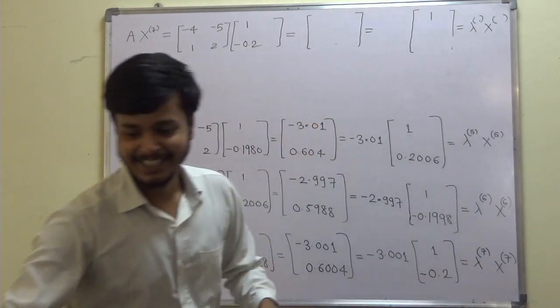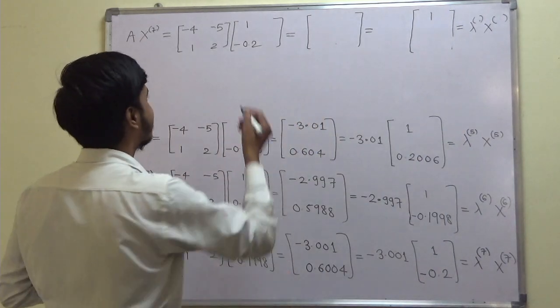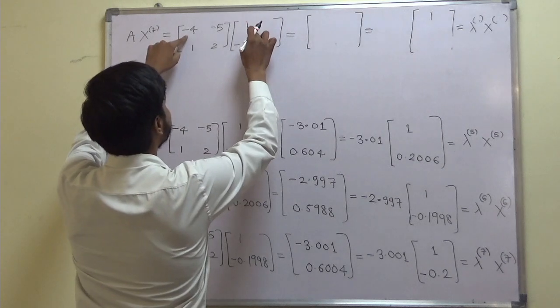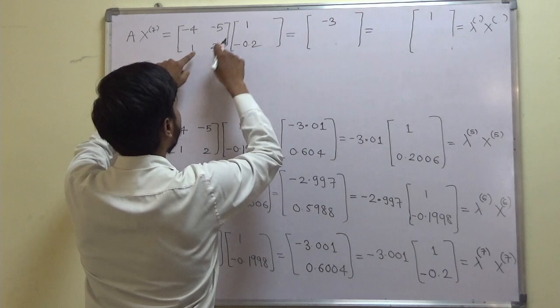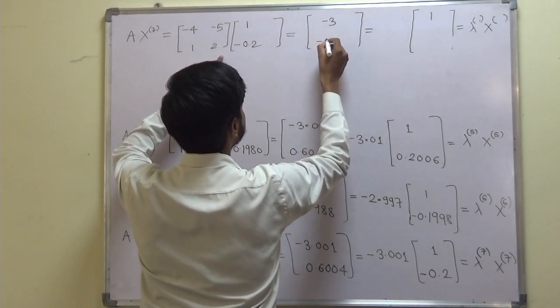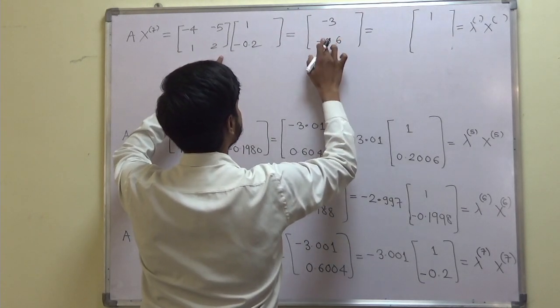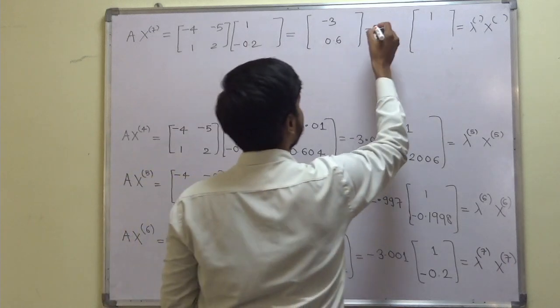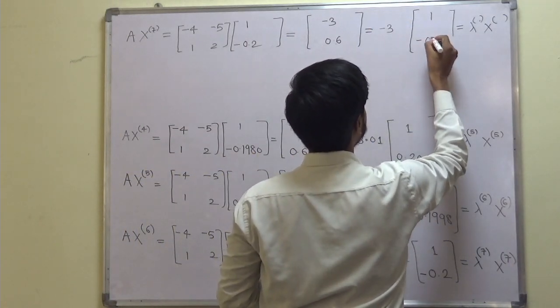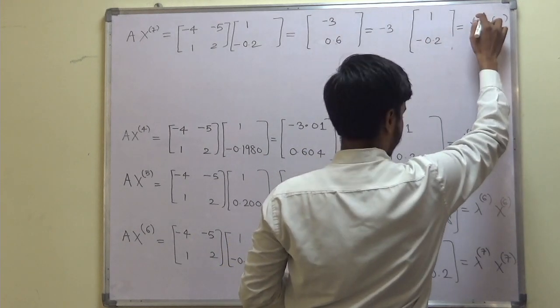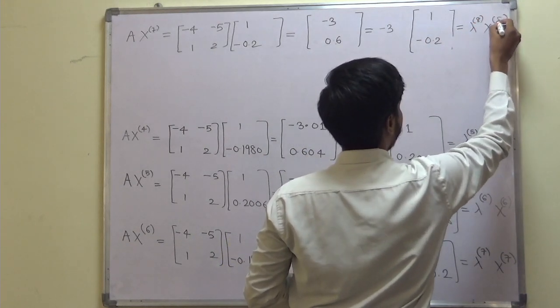When you solve this, -4 plus 1 is -3, 1 minus 0.4 is plus 0.6, and then I will be taking -3 common, and I will remain with 1.2. Say this is lambda 8 x8.